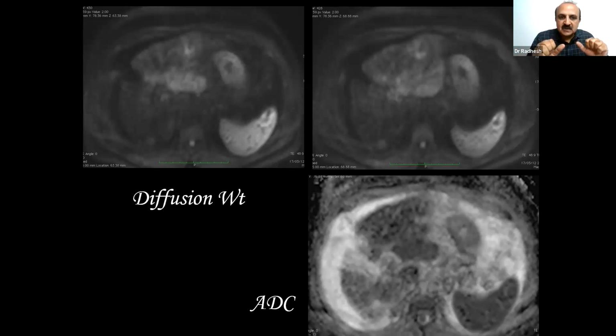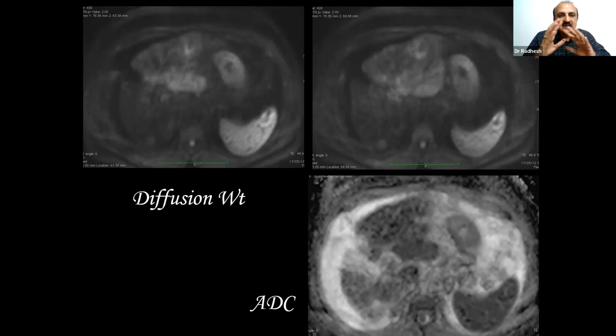But in a solid tumor, the hydrogen proton movements are restricted. The moment there is restricted movement, we use a sequence called diffusion weighted sequence, which picks up this restriction of the movement of hydrogen protons within the tumor.